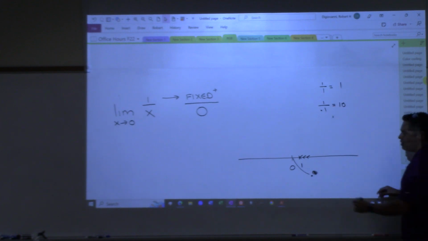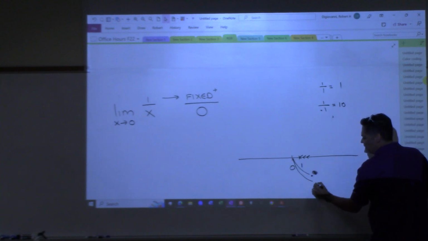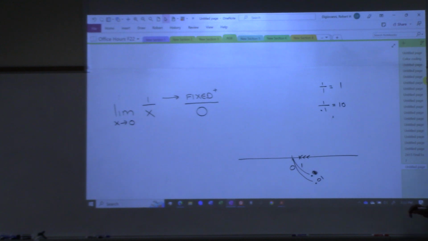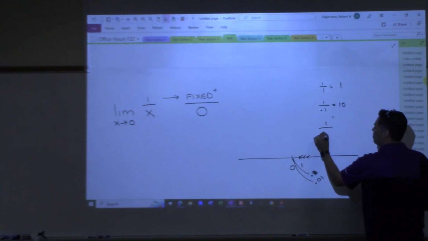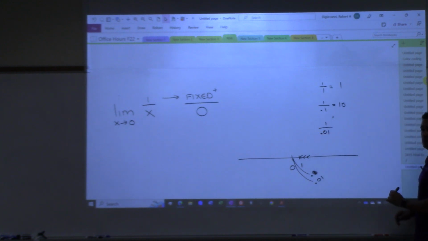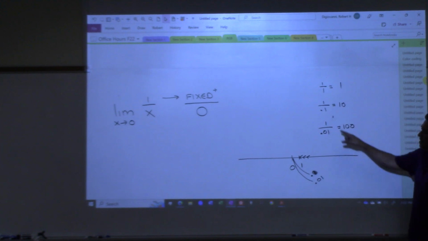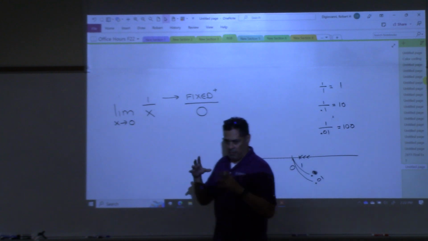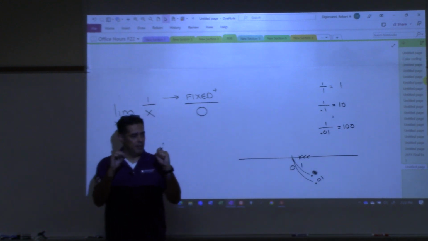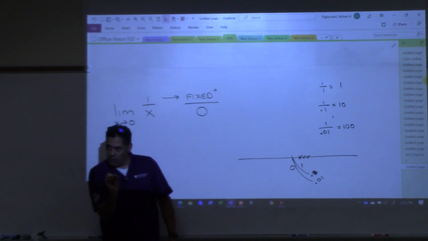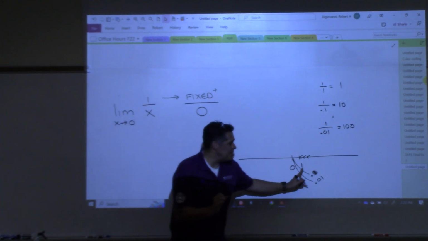Let's get a number even closer to 0. 0.01 would be closer, right? Do that on your calculator. What's 1 divided by 0.01? 100. So what's happening here? If we take a fixed number that's positive, and we divide it by a number that gets small, and that number is positive as well.